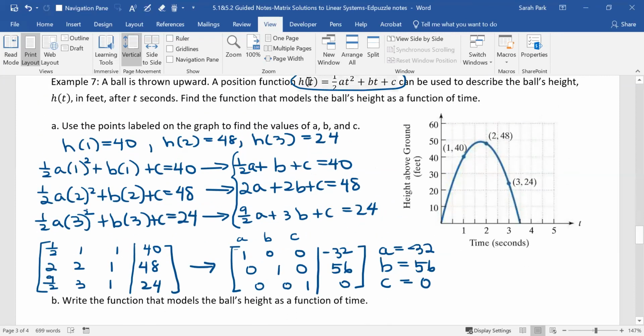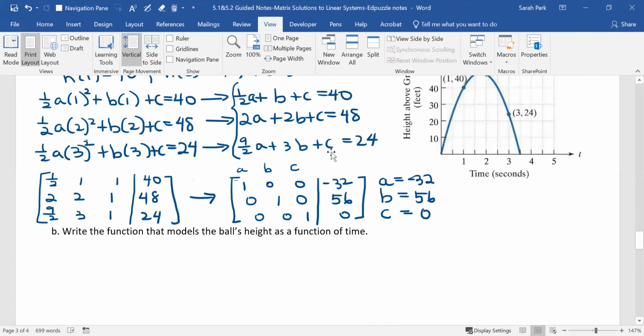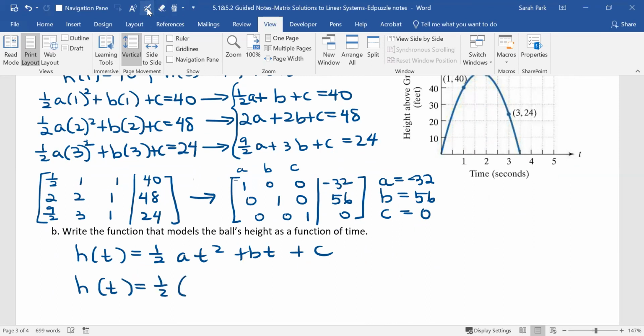Let's now write the function that models this ball's height as a function of time. Remember, h of t is equal to 1/2 a t squared plus bt plus c. So h of t is equal to 1/2 times negative 32 t squared plus 56 t plus c.